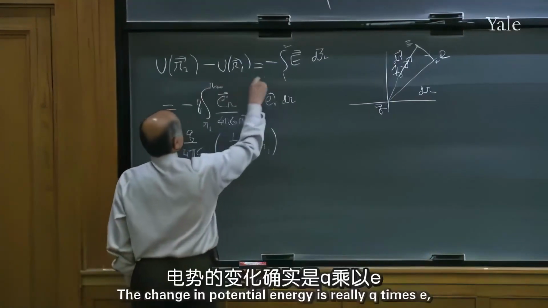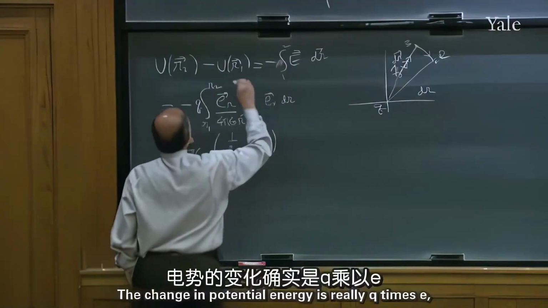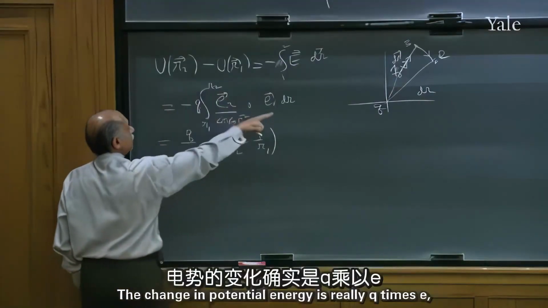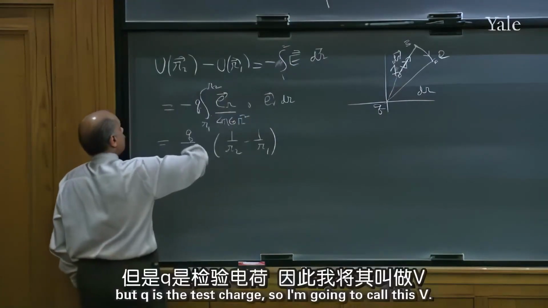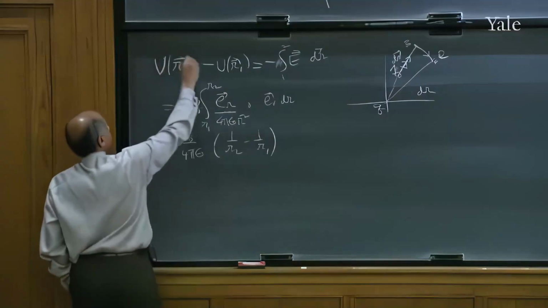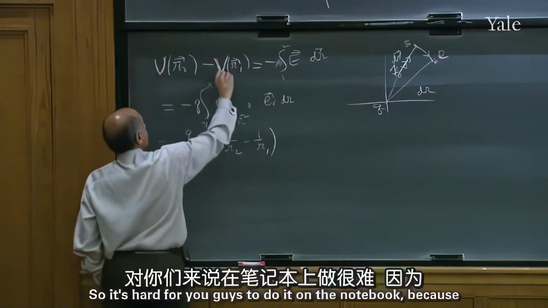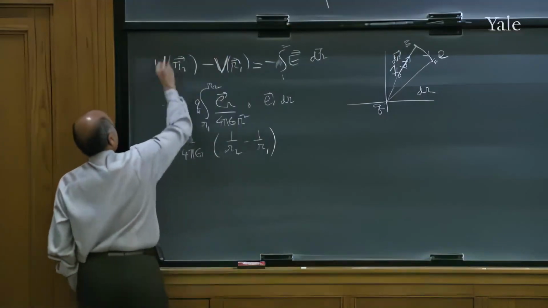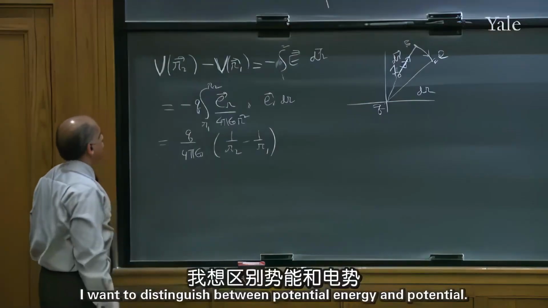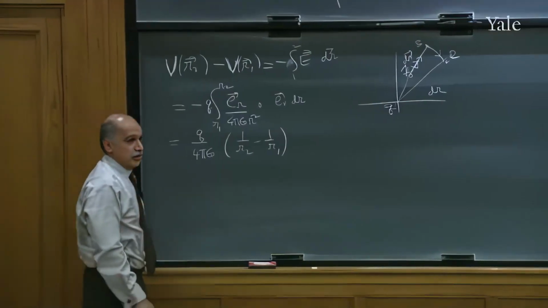The change in potential energy is really Q times E, where Q is the test charge. So I'm going to call this V. It's hard for you guys to do it on the notebook, because I want to distinguish between potential energy and potential.